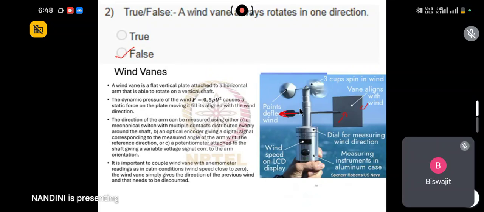The dynamic pressure of the wind is equal to 0.5 rho u square. In the lecture video, how it came is not explained.